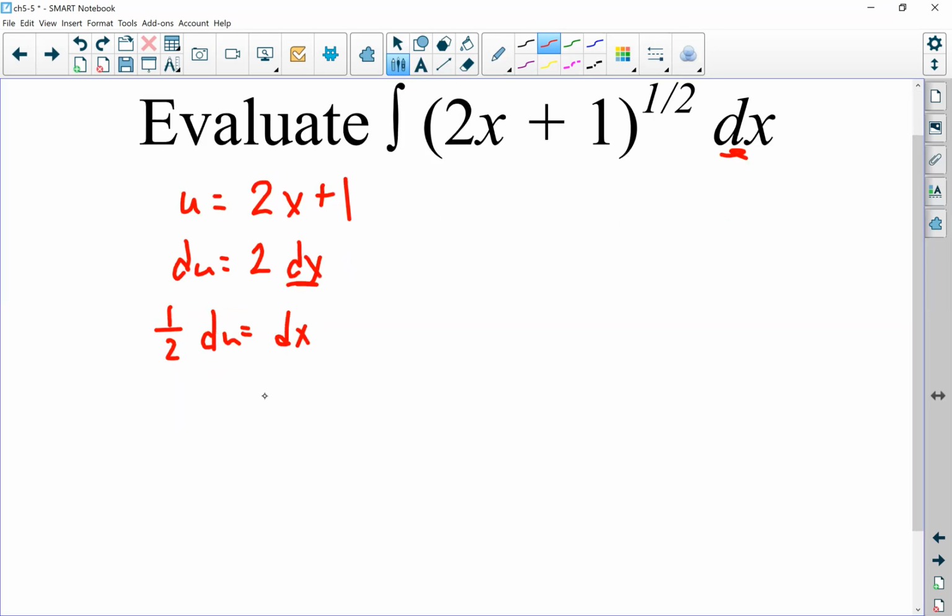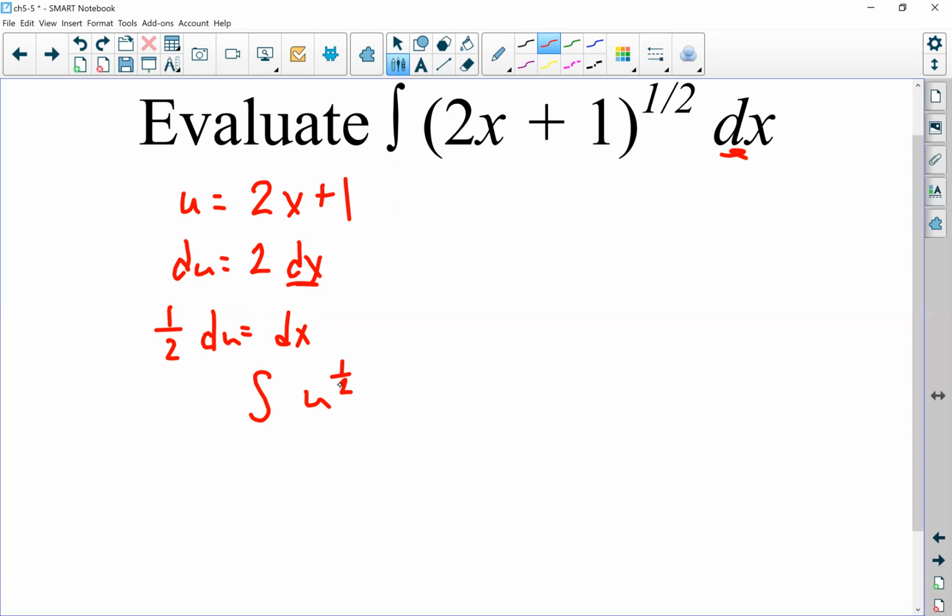Once I do that, then instead of 2x plus 1, I'm going to substitute in u. And for the dx, I'm going to substitute 1/2 du.